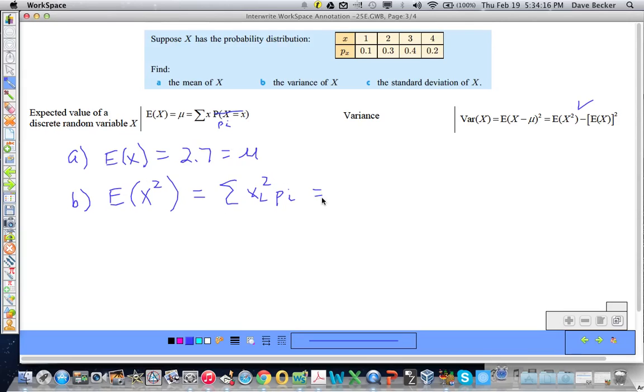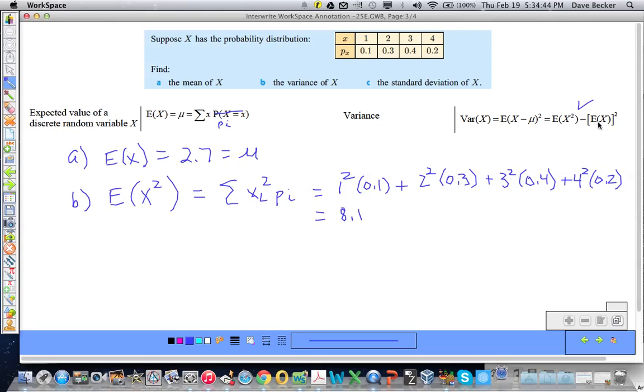That would be 1 squared times 0.1 plus 2 squared times 0.3 plus 3 squared times 0.4 plus 4 squared times 0.2, and that is equal to 8.1.